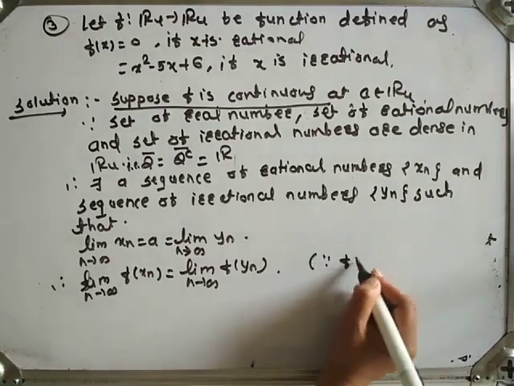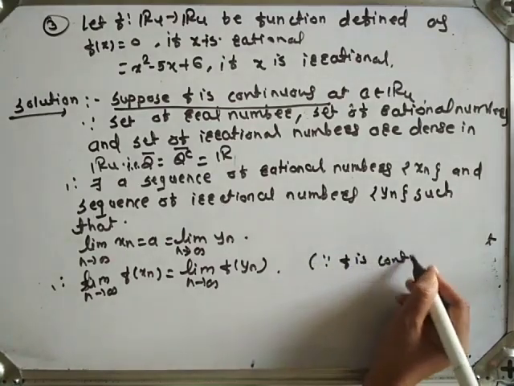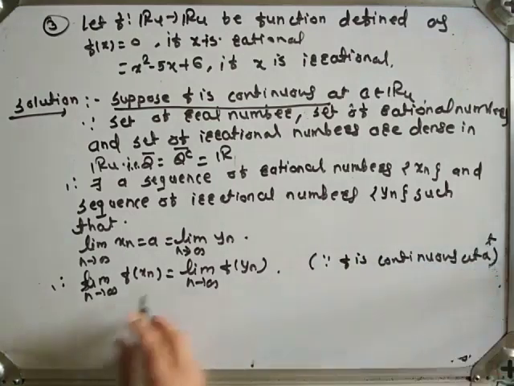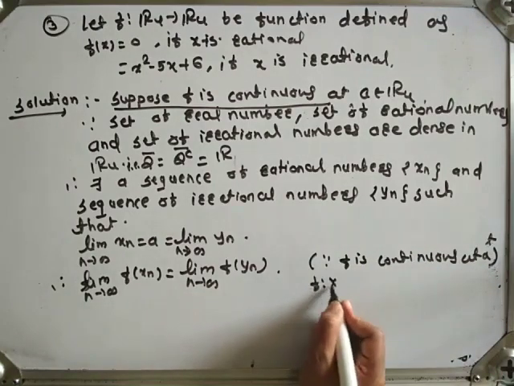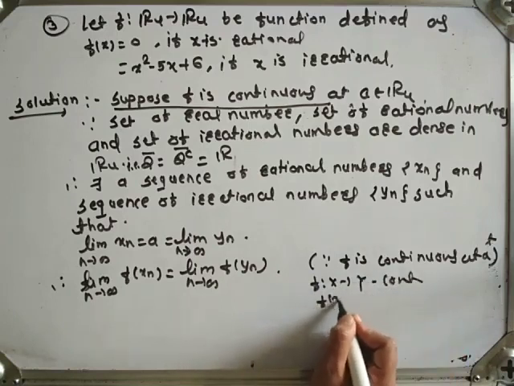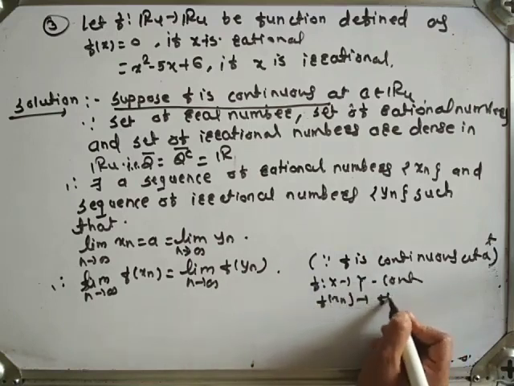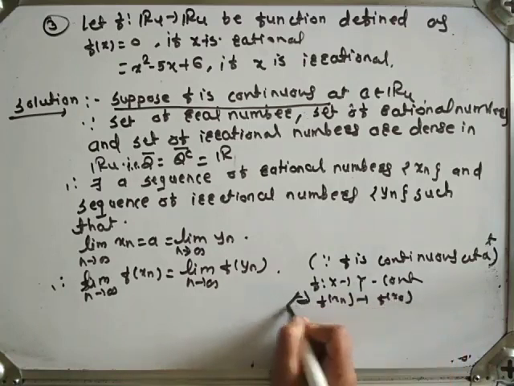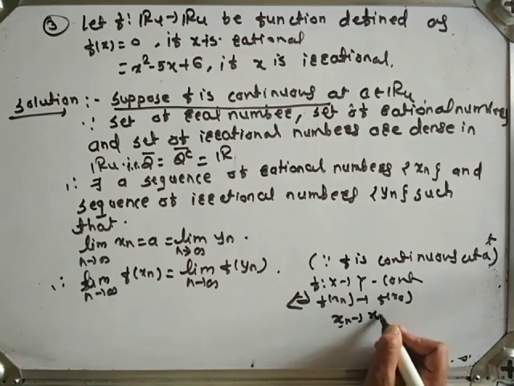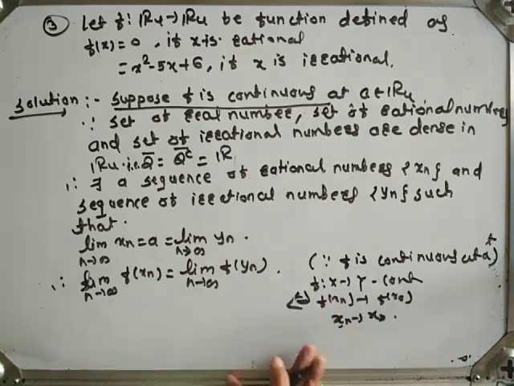Since f is continuous at a, by which theorem? If f from X to Y is continuous, then f of xn converges to f of x0 whenever xn converges to x0. This is the if and only if part, by theorem.